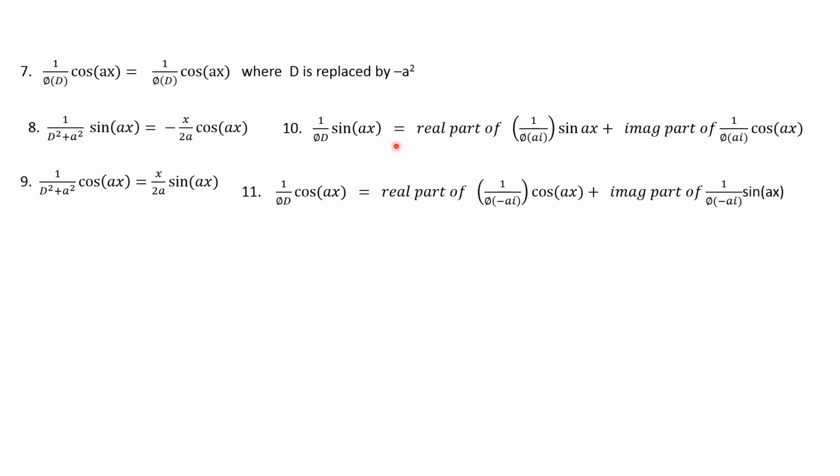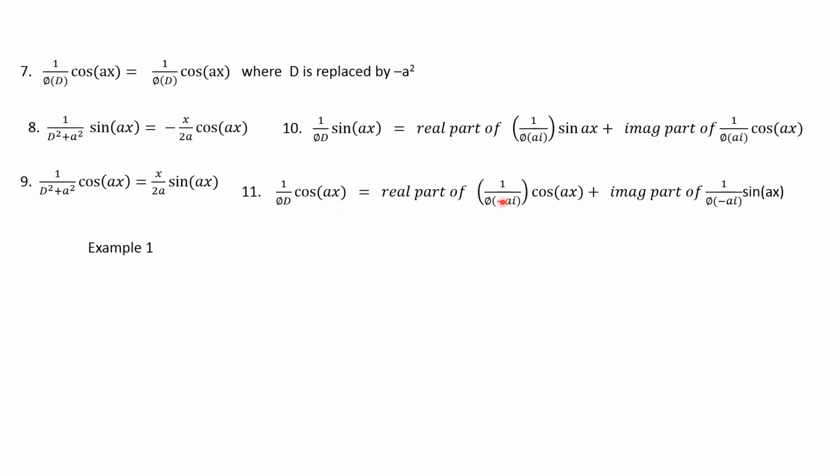If it is sine, it begins with sine and then cosine. Here, if this is cosine, it begins with cosine and then sine. And if this is sine, what will be substituted is ai. If this is cosine, what will be substituted is negative ai.